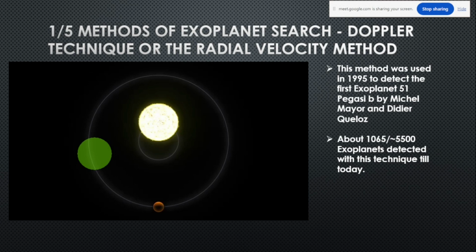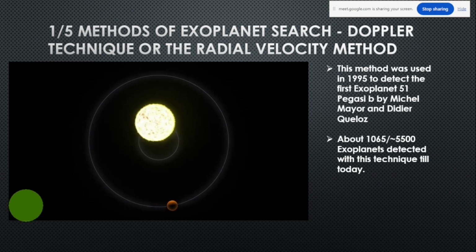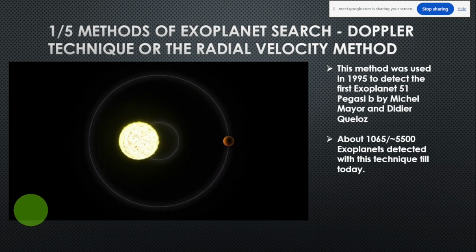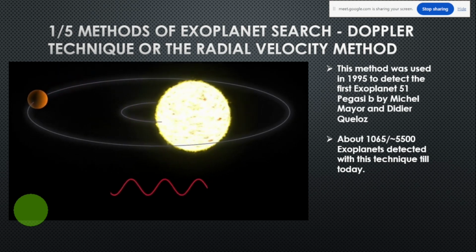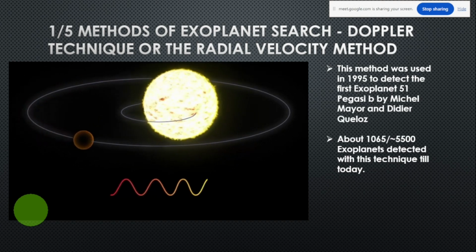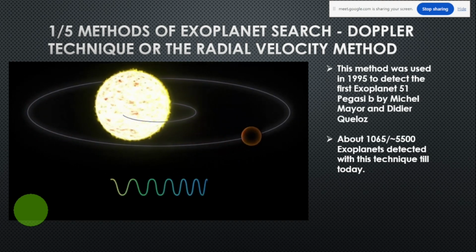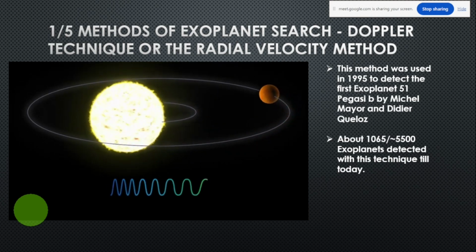So we have five methods for detecting exoplanets. We have the Doppler technique, or call it radial velocity. You must have heard about the Doppler effect. When a source, maybe a sound or a light source, is approaching you, the light will be blue shifted, and when it is moving away from you, it will be redshifted.